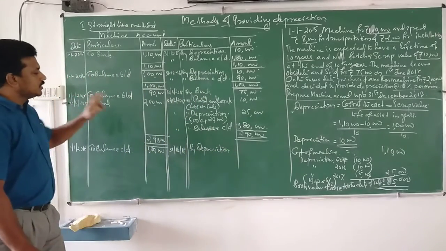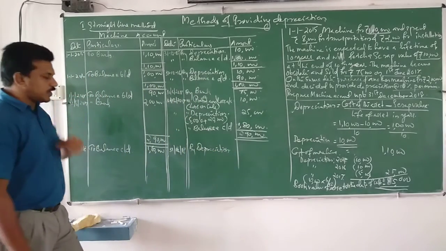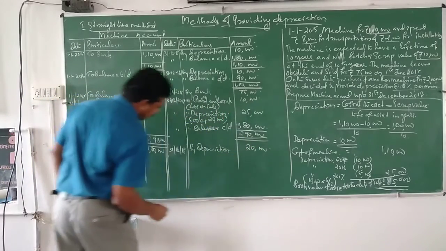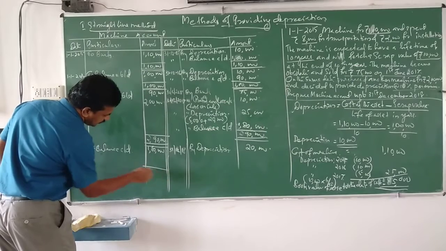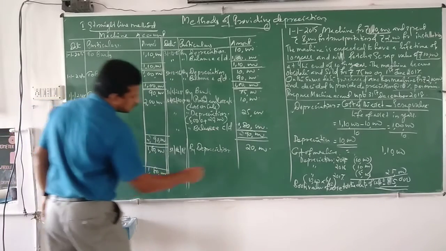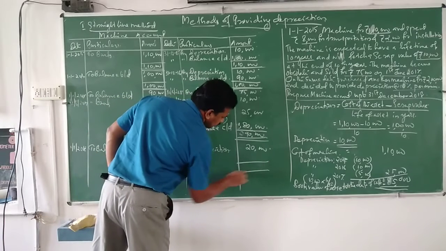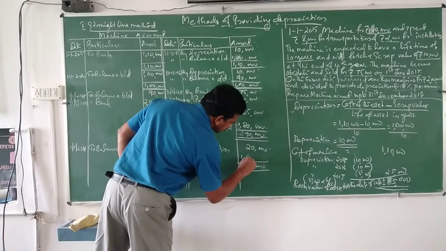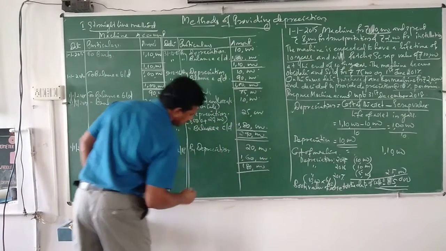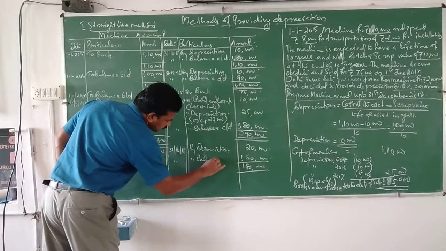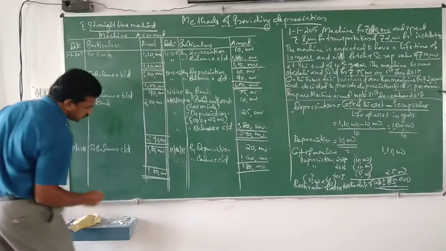Again, how much? 20% of 2 lakh, that is 20,000. Then 1,80,000 minus 20,000, 1,60,000. You will write here by balance carried down.